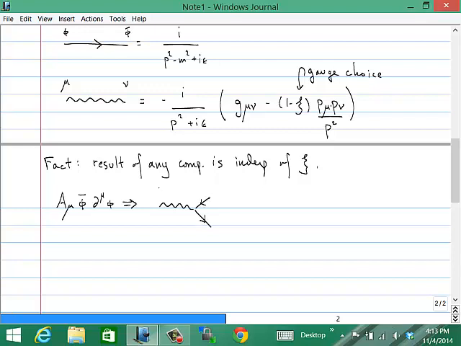Here, because there's one free photon leg, there's one free index mu, and the value of this interaction vertex, as usual, is proportional to the coupling constant. So it's proportional to the electric charge, which tells you about the strength of coupling of electrons and positrons to the gauge field.